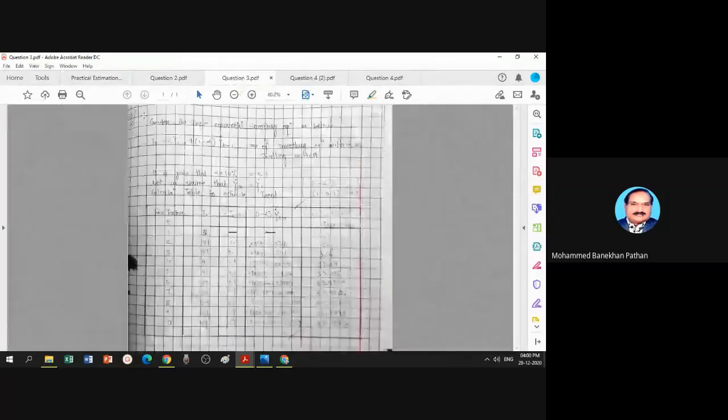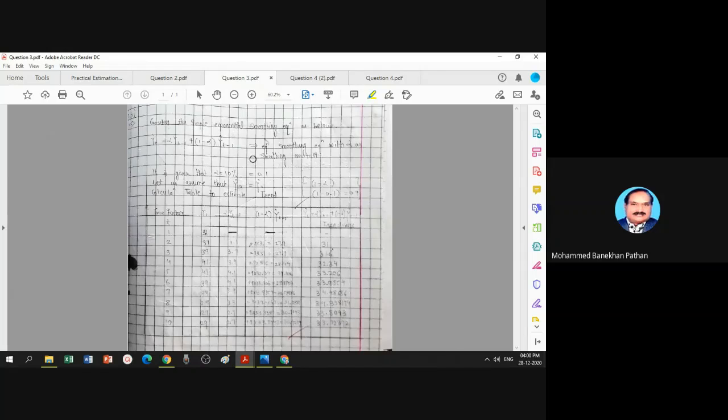Question number 3. Consider the simple exponential smoothing equation, which I had covered in your theory lecture. Y hat t equals alpha times y t minus 1 plus 1 minus alpha times y hat t minus 1.